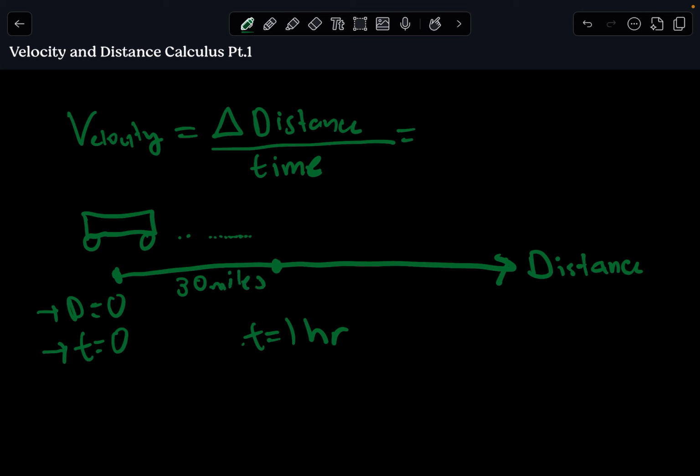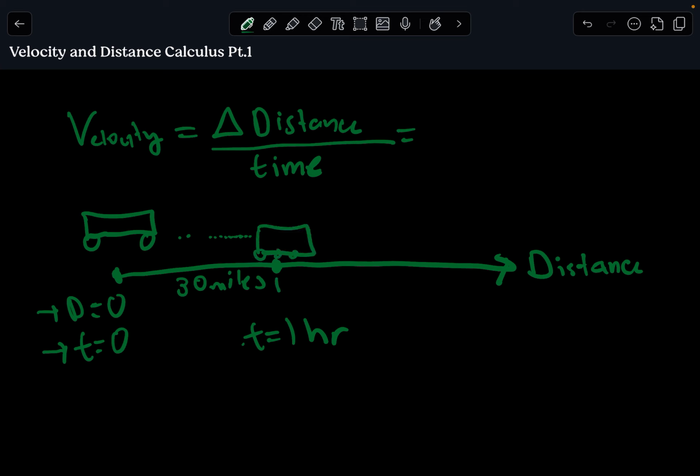So that means that when we measure the car at this time, an hour after the start, our time is 1 hour, and our car has advanced 30 miles.